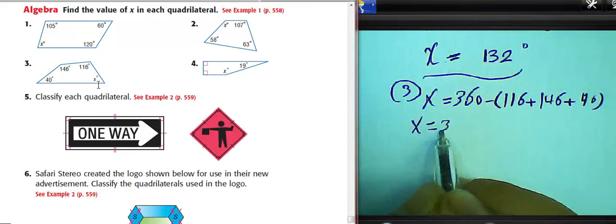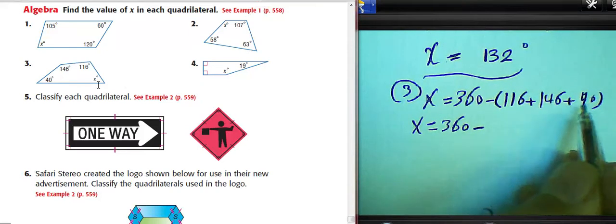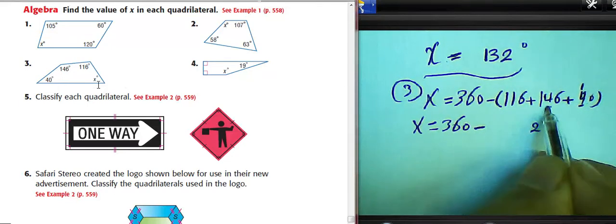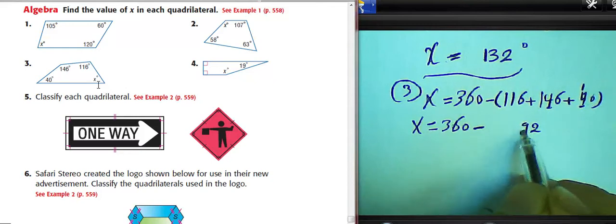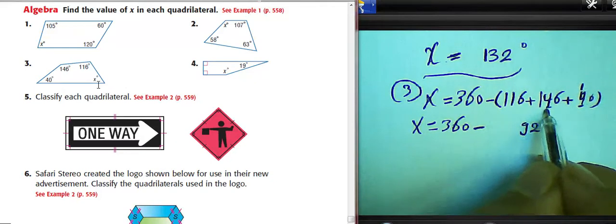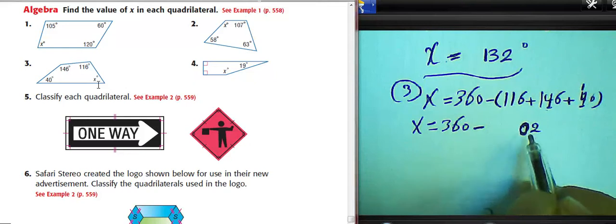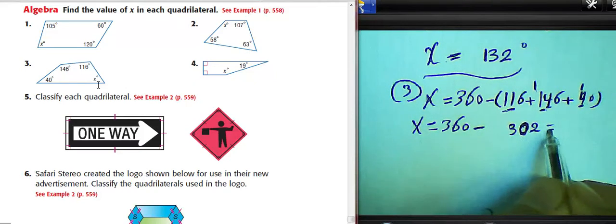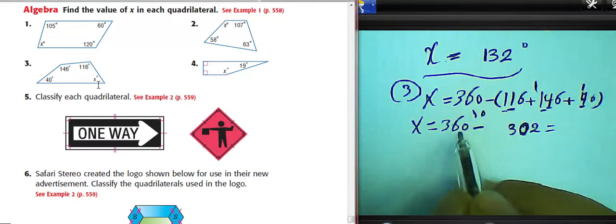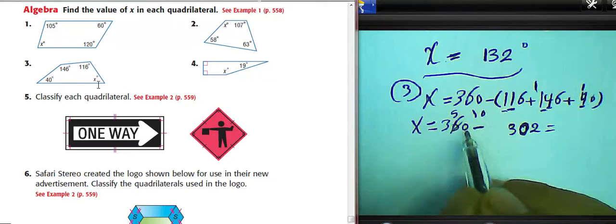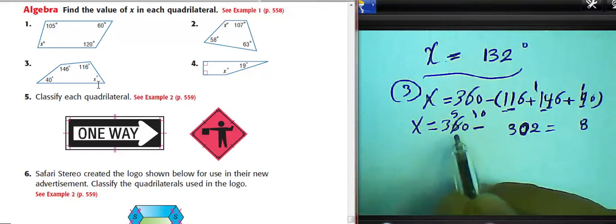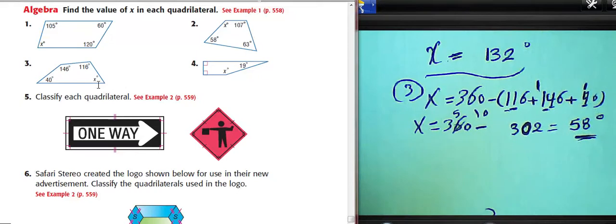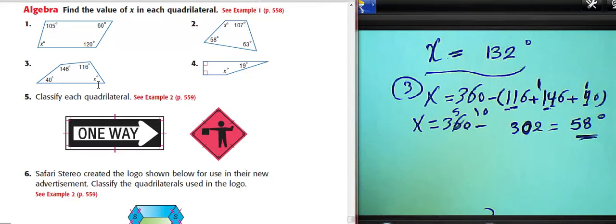X equals 360 subtract: 0 plus 6 plus 6 equals 12, 2 and carry 1, 4 plus 1 is 5, 5 plus 4 equals 9, and 9 plus 1 equals 10, 0 and carry 1, 1 plus 1 is 2, 2 plus 1 equals 3. Now 0 minus 2, we can't do it, so we must borrow 1 from 6, 6 will be 5, 0 will be 10, 10 minus 2 equals 8, 5 minus 0 equals 5, 3 minus 3 equals 0. Then the measure of this angle equals 58.